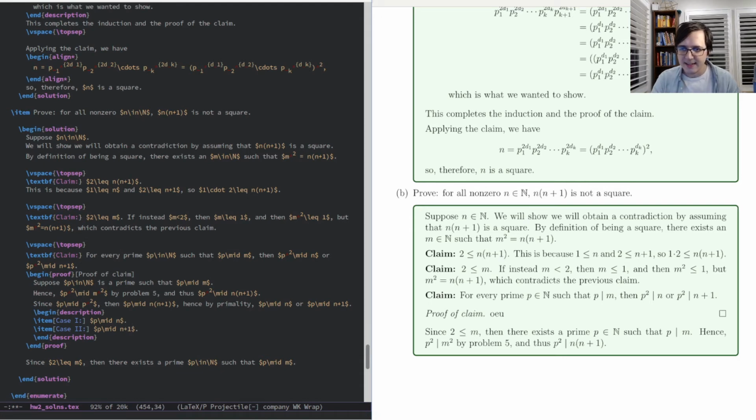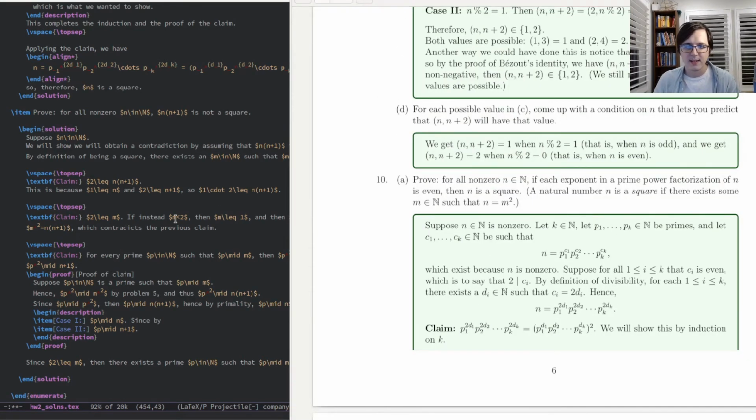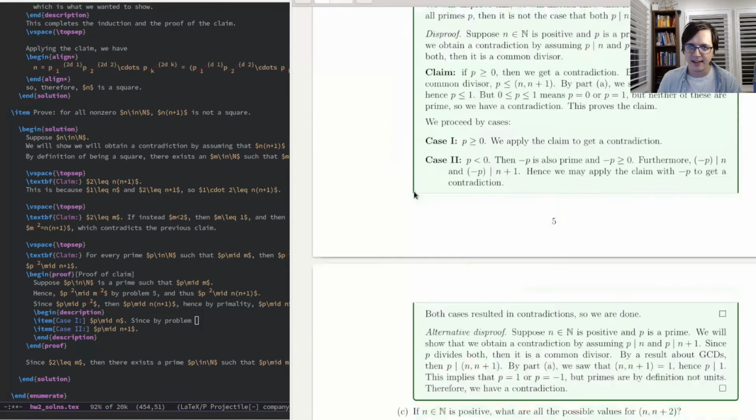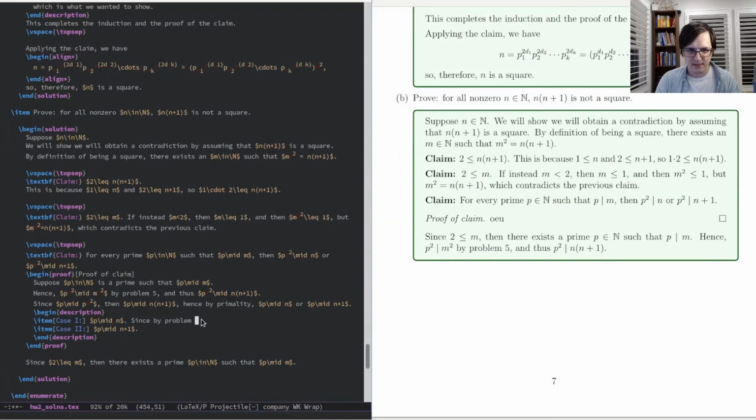So when p divides n, since by what part? Problem 9a, we have the GCD of n and n plus 1 equals 1, then p does not divide n plus 1.